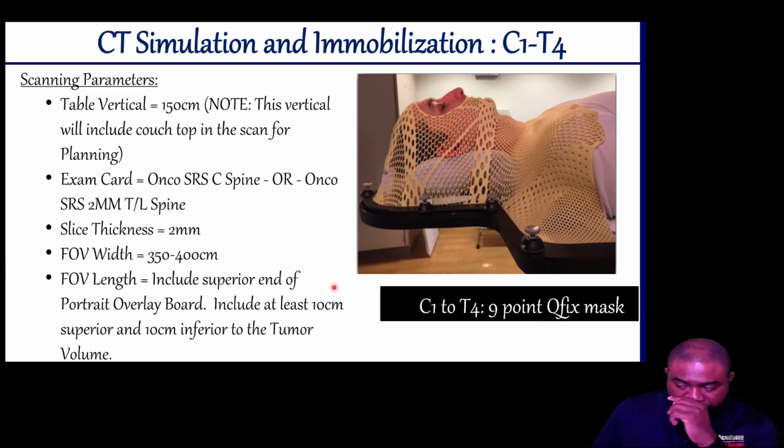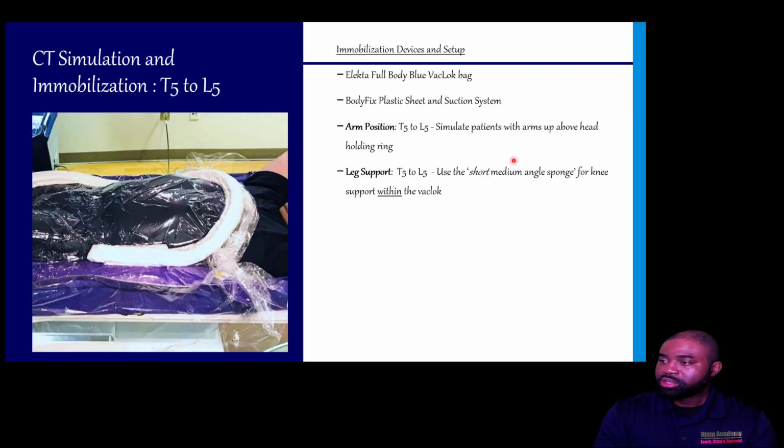And so remember, when we're doing the CT simulation, the length of the field of view is chosen such that 10 cm below and above the tumor is imaged. This is to give us sufficient anatomical information in order for us to get an accurate dose calculation.